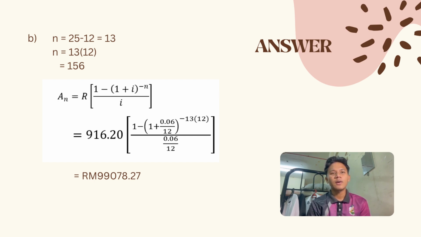So A equals R bracket 1 minus bracket 1 plus I bracket to the power of negative N divided by I. After that, 916.20 bracket 1 minus bracket 1 plus 0.06 divided by 12 to the power of negative 13 times 12 divided by 0.06 divided by 12 bracket. So we got the final answer is 99,078.20 ringgit.